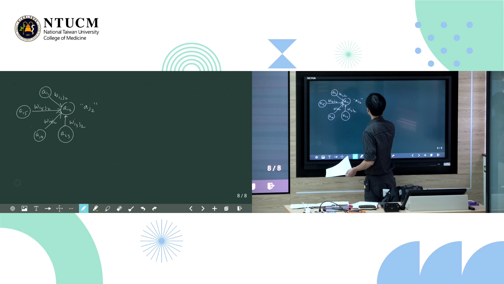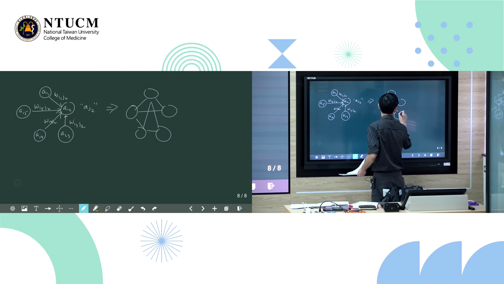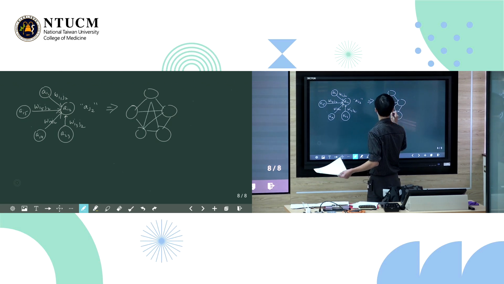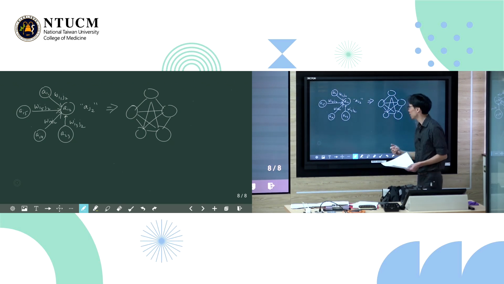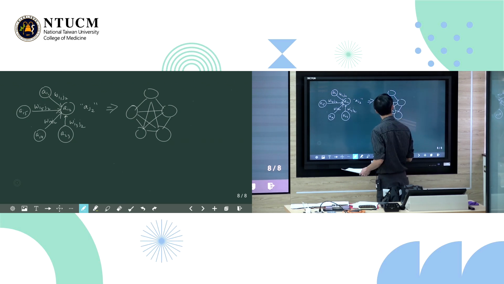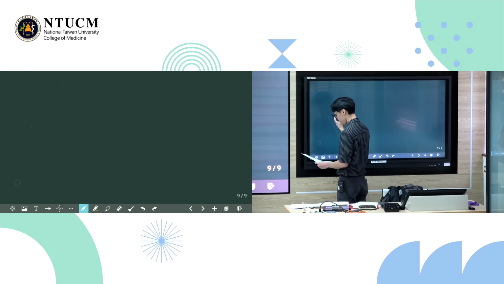So this implies the full network looks like this. Yeah, like this. Okay. This is what the full network is. In other words, you will have this case where the change in the weights is going to look like this.